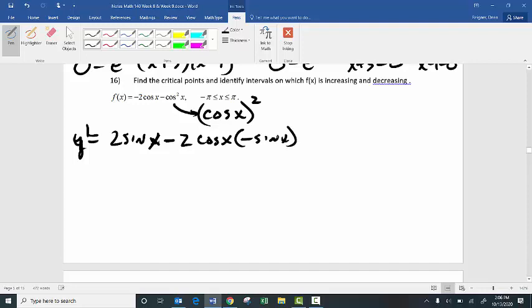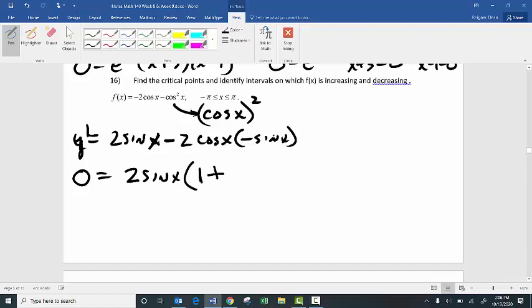Right? So now you can see both of these have a sine. So what we're going to do is set it equal to 0. And then actually we're going to factor a 2 out and a sine. We'll do that at the same time. So when you take a 2 sine out of each term, you have a 1 left. Now this is going to turn positive because we have a negative times a negative, which is a positive.